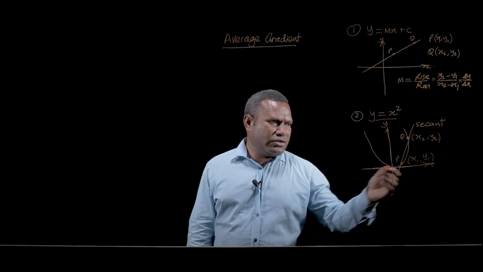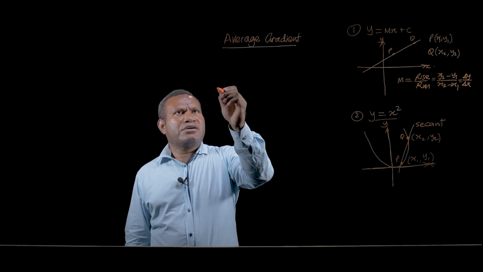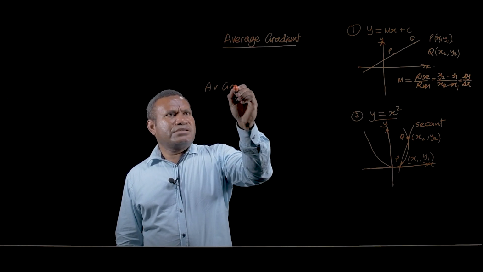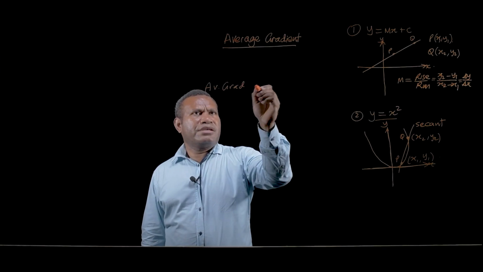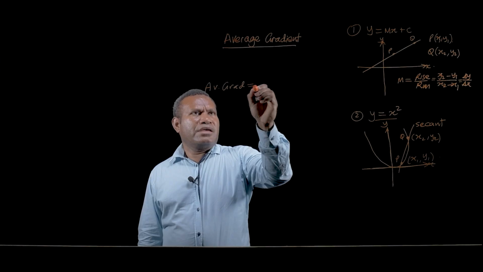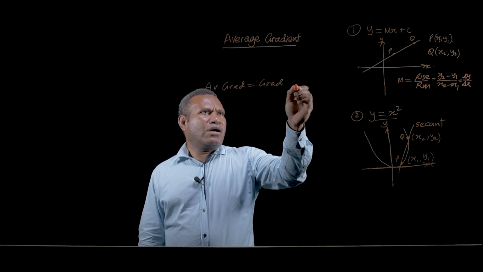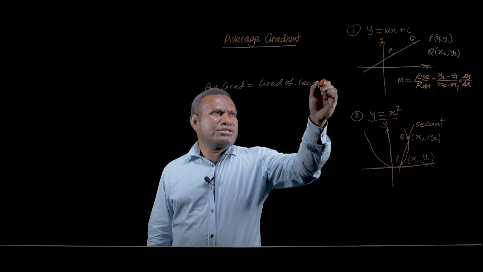All right, so if you are to calculate the gradient of this curve using the same formula, the average gradient of this curve will be equal to the gradient of the secant, which is the straight line.